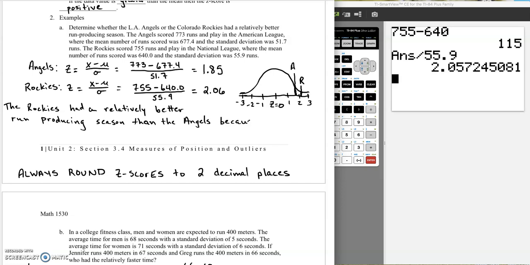Because their number of runs was more standard deviations above the mean. In other words, they had a higher z-score.